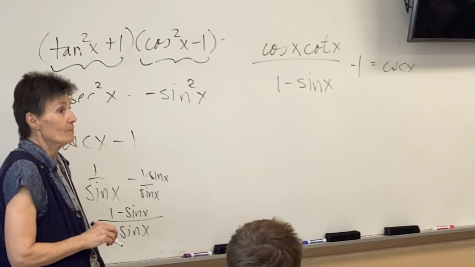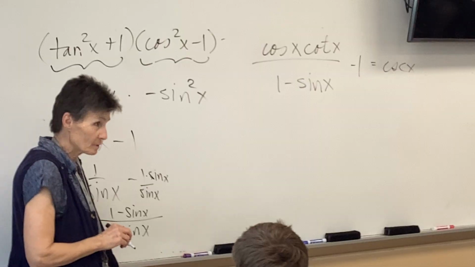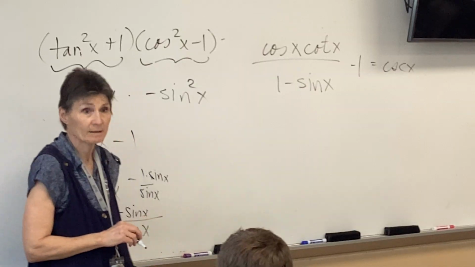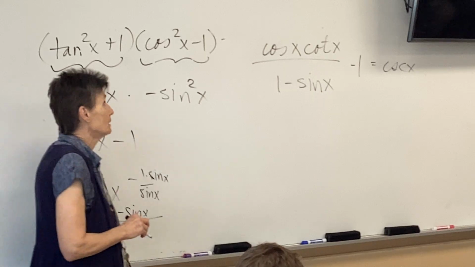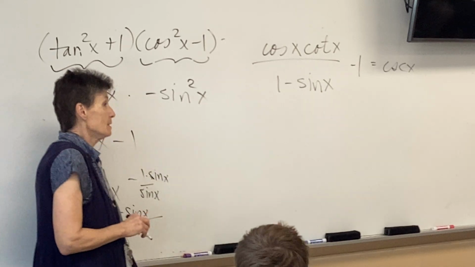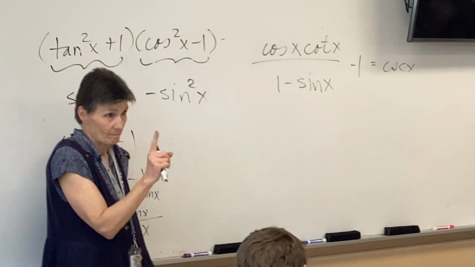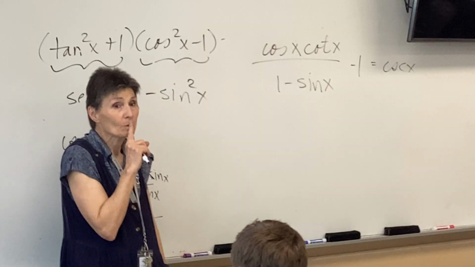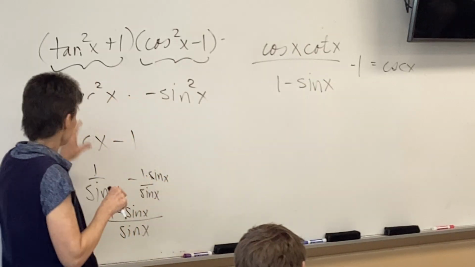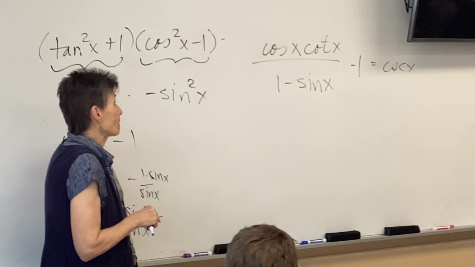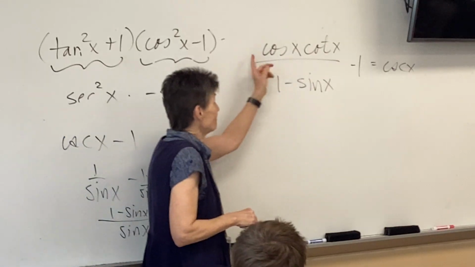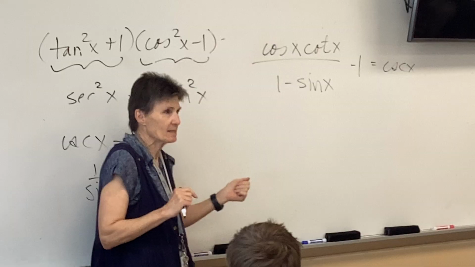Alright, this is the worst of the three, I think, in terms of the way it looks. It's scary looking. There's no squares, which means you're not going to do any of those substitutions like we were doing, right? There's no way you're going to factor that numerator and cancel anything.